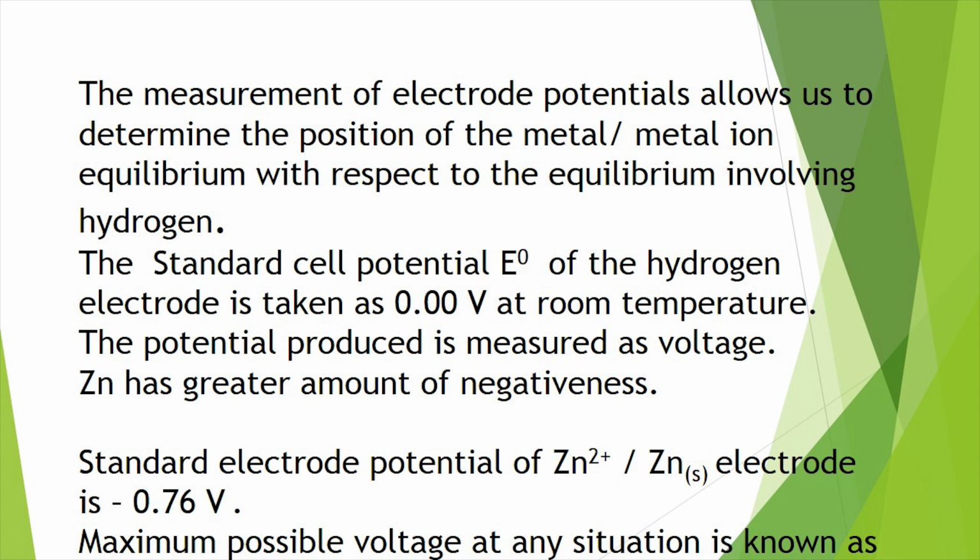The potential produced is measured as voltage. Zinc has a greater amount of negativeness. Standard electrode potential of the zinc 2 plus zinc electrode is minus 0.76 volt. Maximum possible voltage in any situation is known as electromotive force, EMF.